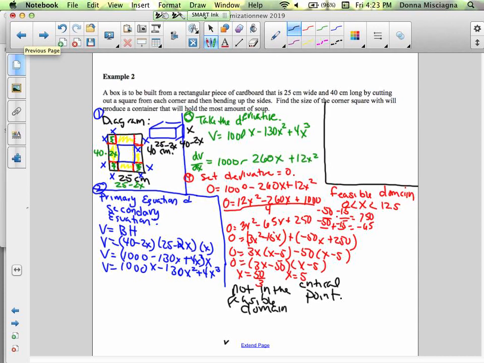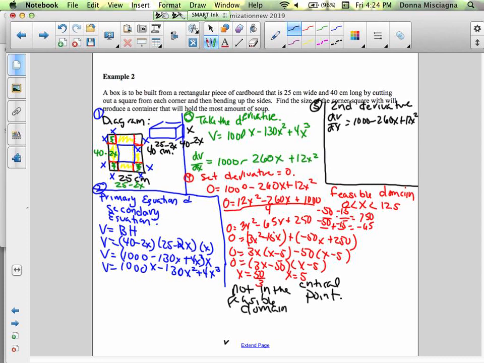And step 5 is going to be to take the second derivative and plug in our critical point. So our first derivative was right there, dV/dx equals 1,000 minus 260x plus 12x squared.